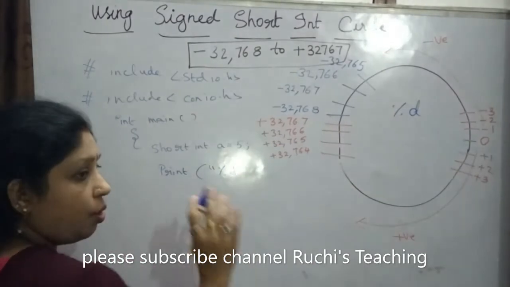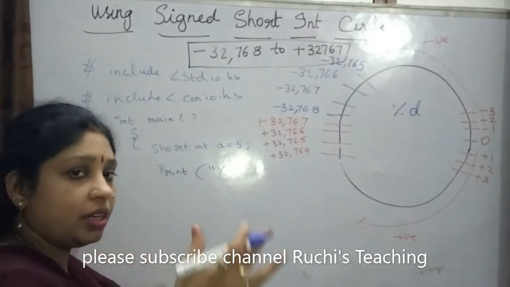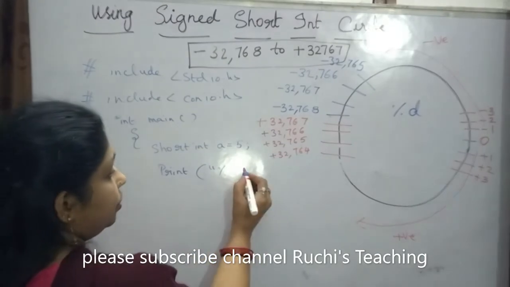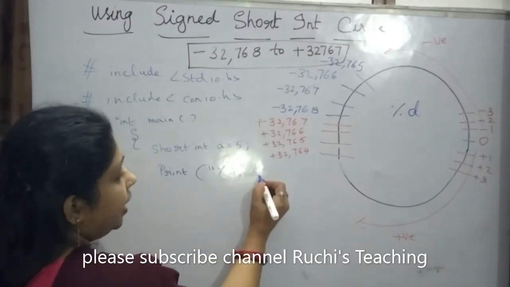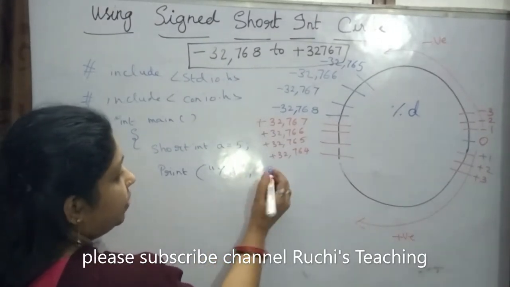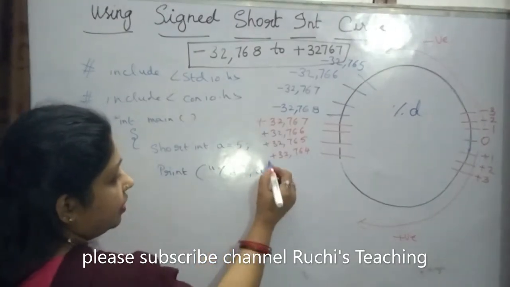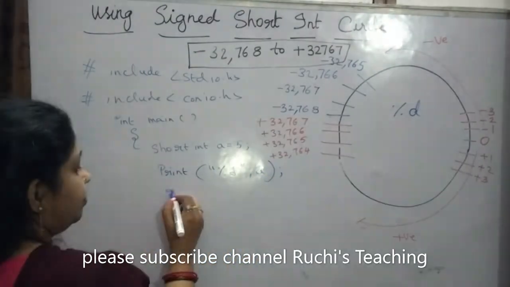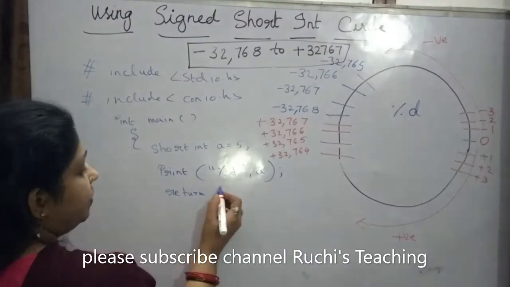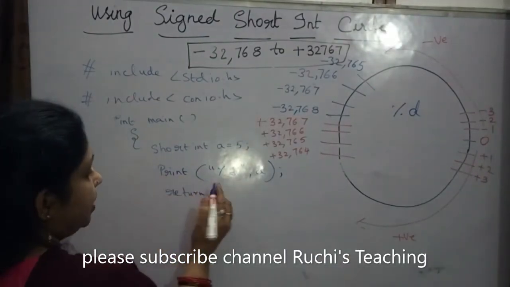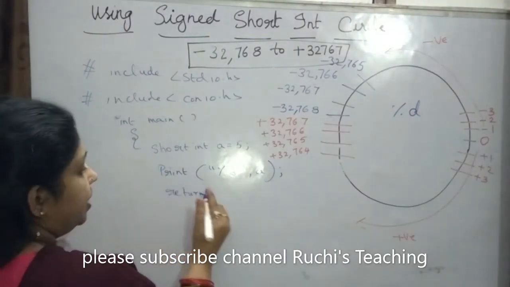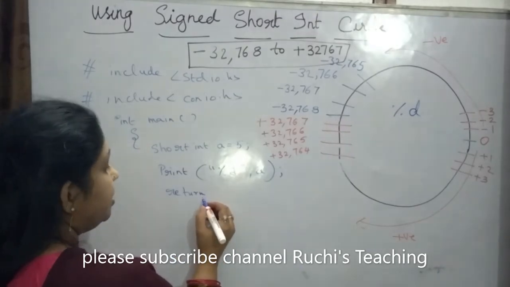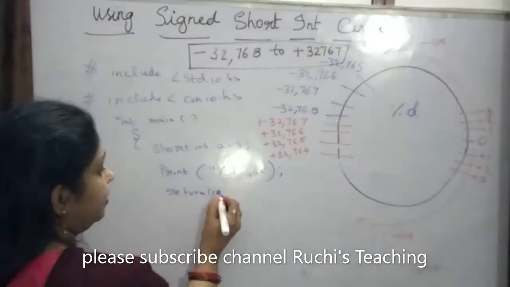Printing we have already discussed in our earlier classes. So this one, and next where that value is there, a. Now return; I will be dealing with all these things in the functions classes, in further classes.